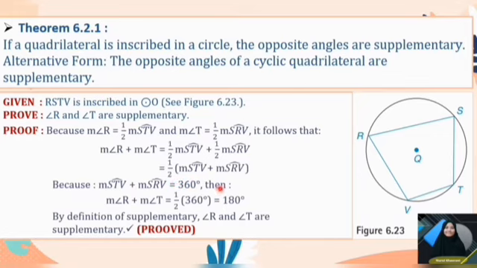By substitution, the measure of angle R plus the measure of angle T equals 180 degrees. So, by the definition of supplementary, angle R and angle T are supplementary. So this theorem is proved.